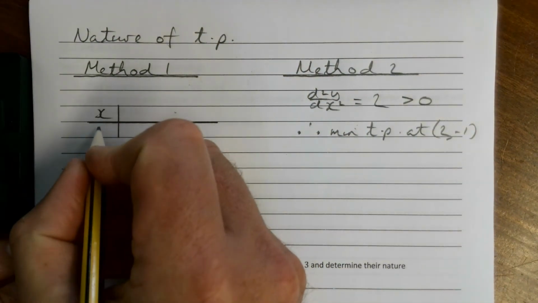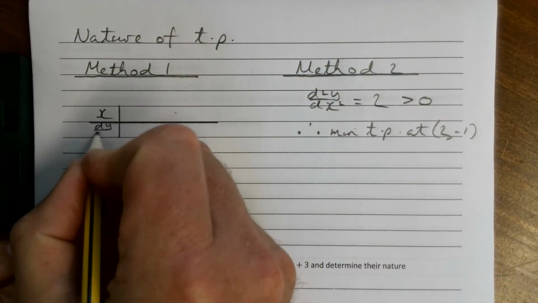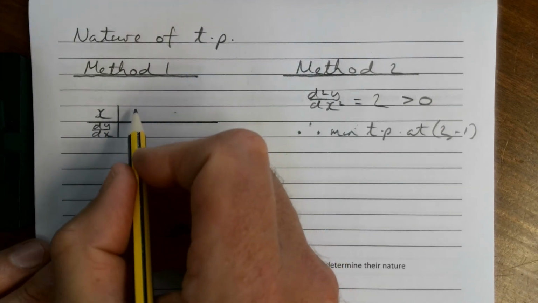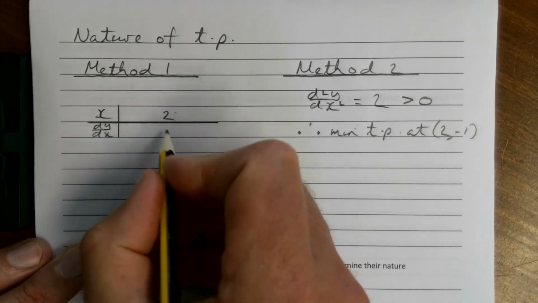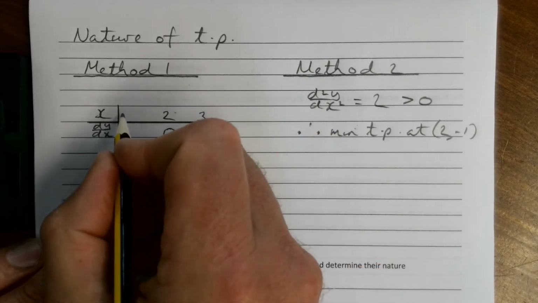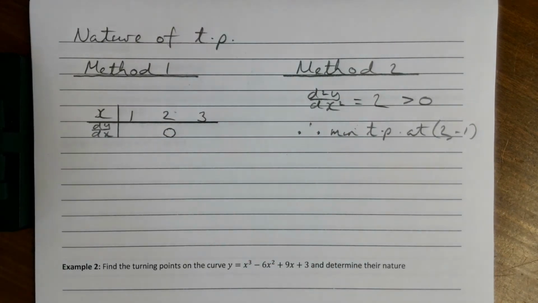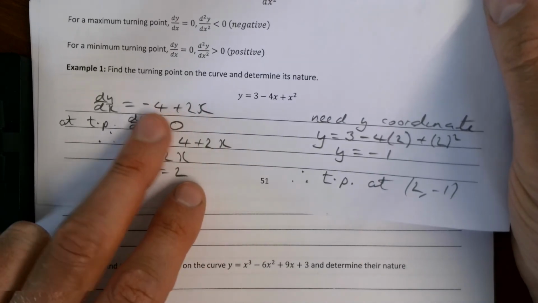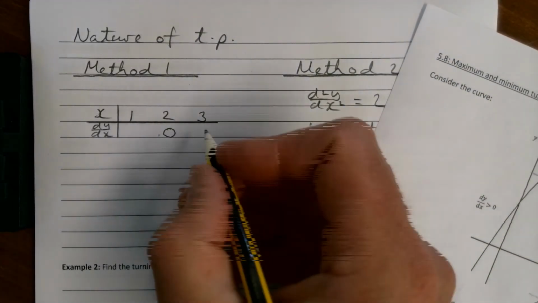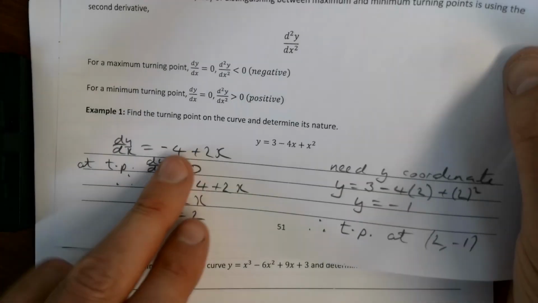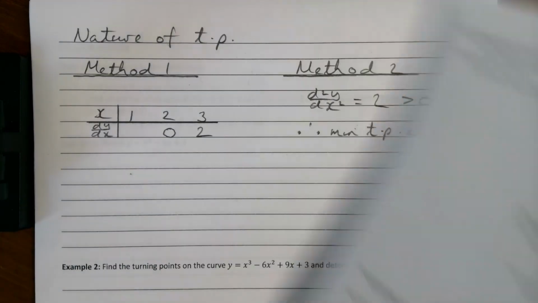So x and dy by dx, that's going to tell me my gradients at the points that I want. So at 2, we know it's 0. So let's try 3, and let's try 1. If you remember it back up here, dy by dx was this. So if I put 3 into here, that's going to be minus 4 plus 6. So that would be 2, a positive number. If I put the number 1 into this, minus 4 plus 2 is going to give me minus 2.